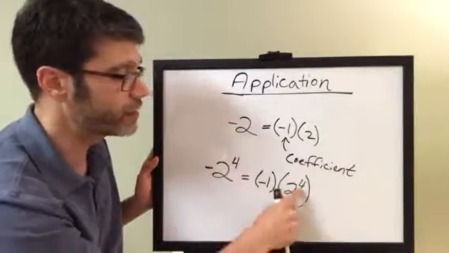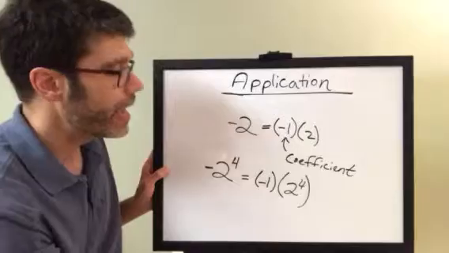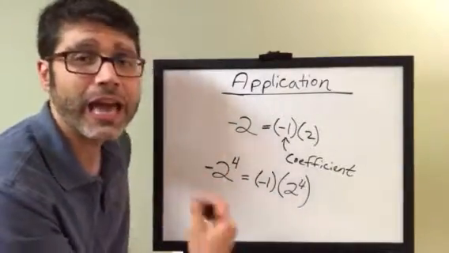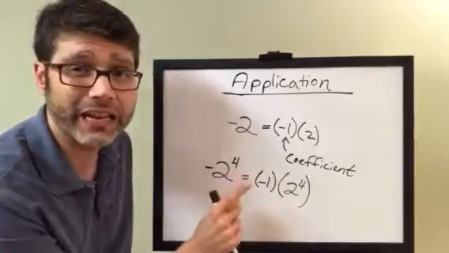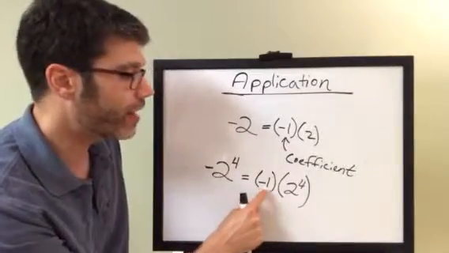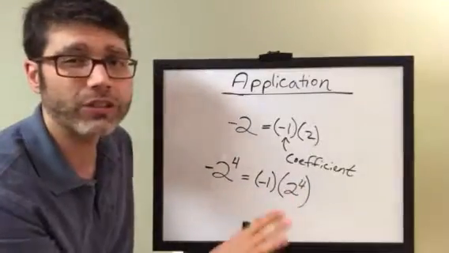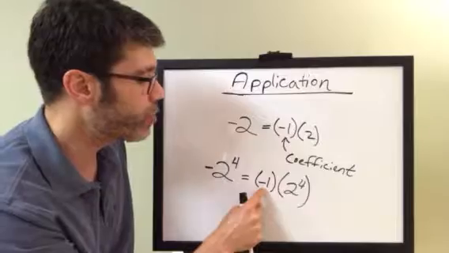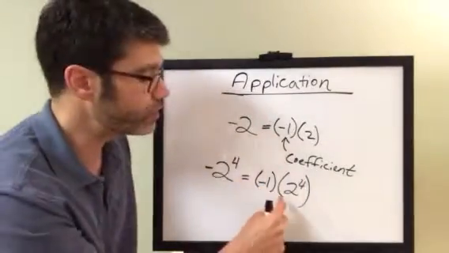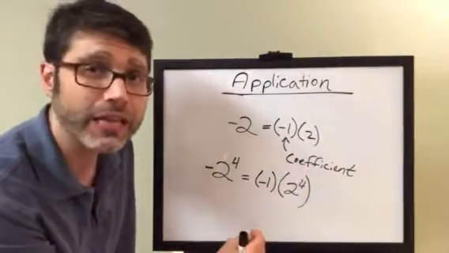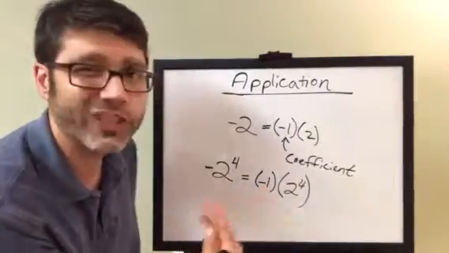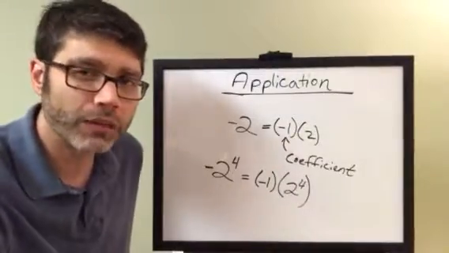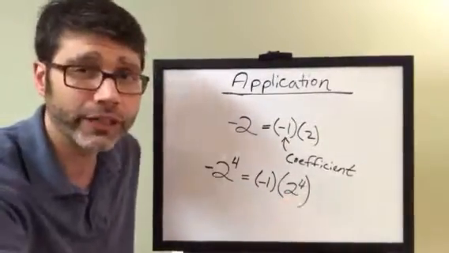It's not under the influence of this exponent of 4. I broke it down even further to really emphasize that this negative is not under the influence of this 4 whatsoever. It's really on the outside completely, and we can throw this negative in at the end once we evaluate what 2 to the fourth is. However, this negative is not swept up in our calculations when we're applying that exponent of 4.